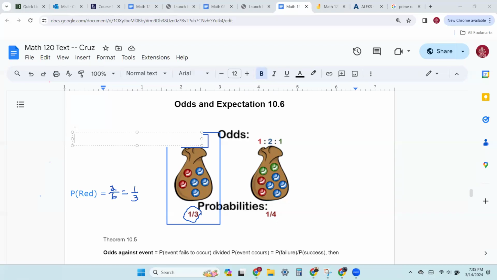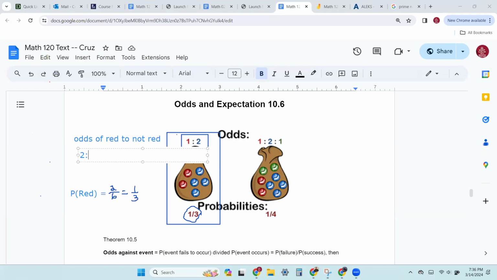How do they get 1 to 2? So that's going to be 2 reds and 4 not red.